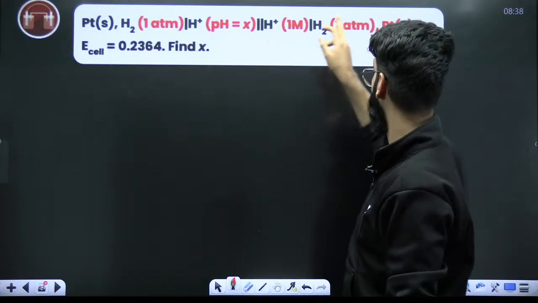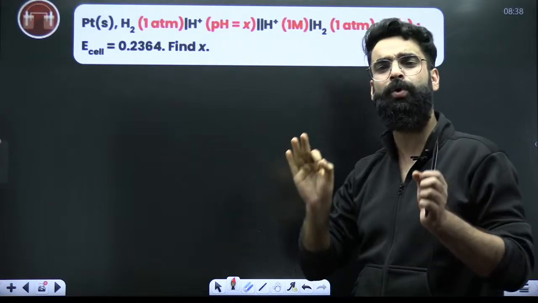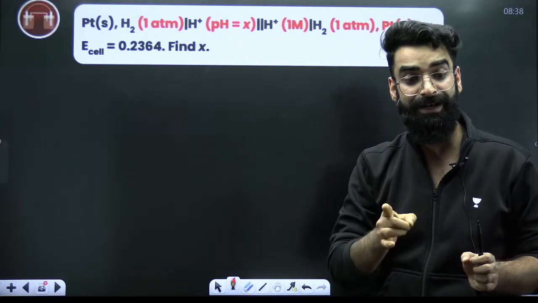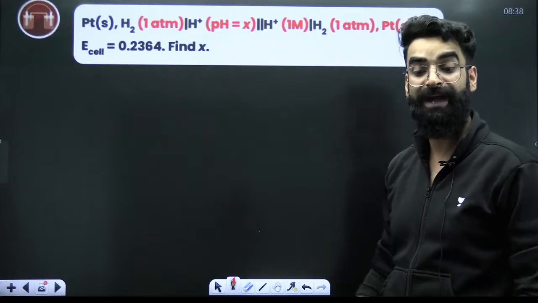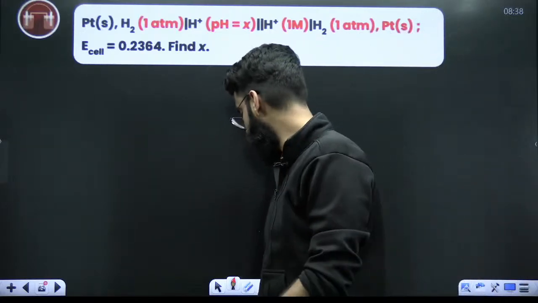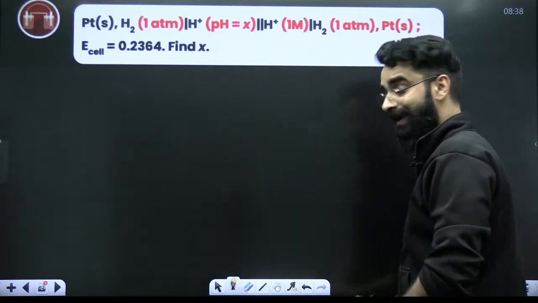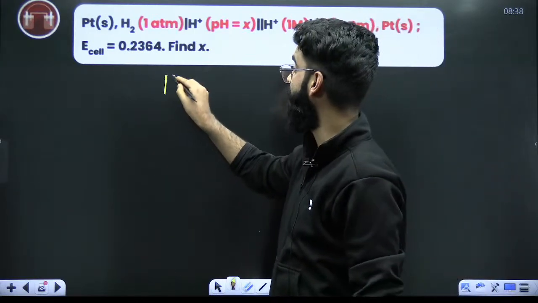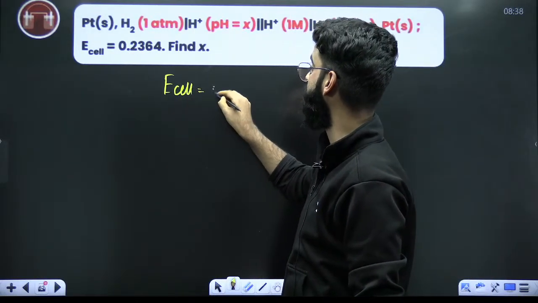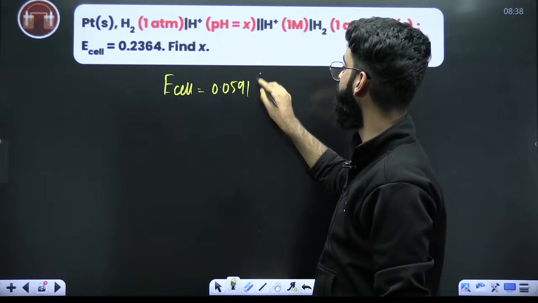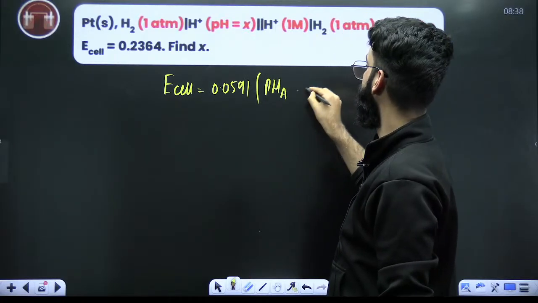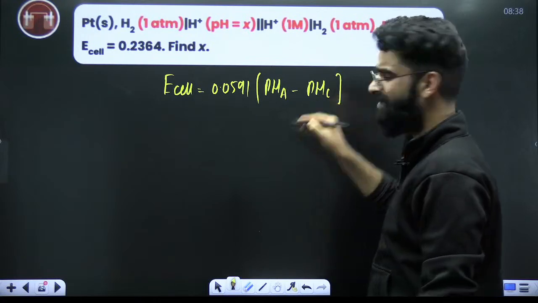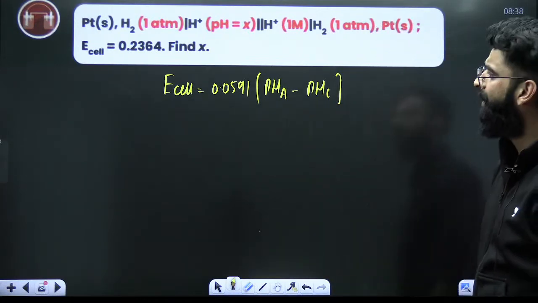Partial pressure is same. So it is absolutely an electrolytic concentration cell involving which electrodes? Involving hydrogen electrodes. Do you remember? Few minutes back only we have discussed this. Electrolytic concentration cell involving hydrogen electrodes. Its E cell is equal to 0.0591 multiplied by pH of anode minus pH of cathode. What we have to calculate?